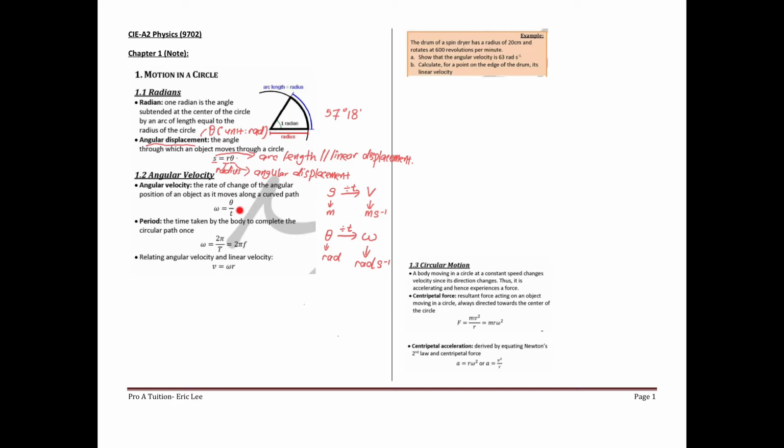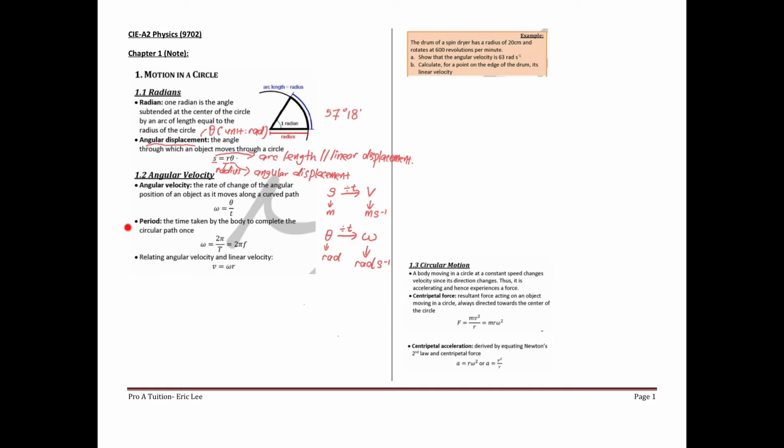Angular displacement divided by time is equal to angular velocity. The symbol is omega, and the unit is radian per second. So the meaning of angular velocity basically is how much angle it makes in a particular time. So that is angular velocity.